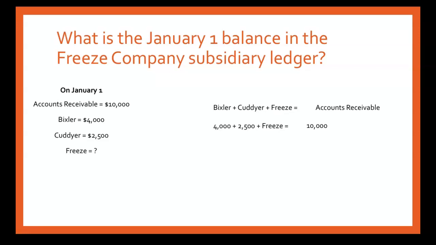So 4,000 for Bixler plus the 2,500 for Kadire plus Freeze, or plus X, equals the 10,000 that's in our accounts receivable control account. We simplify this down, and we can see that Freeze will have $3,500 in the subsidiary ledger on January 1st. So that's our first thing that we need to take care of here, is to figure out what Freeze owes us at the start of the month.